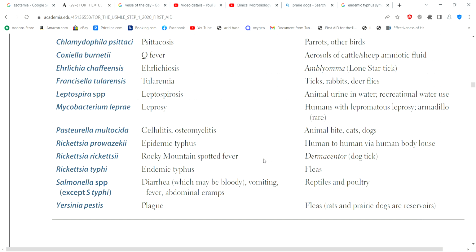It can cause extremely high fever, 105 to 106, and a body rash that starts in the chest and spreads out to the rest of the body, sparing your palms and soles. Epidemic typhus is spread human to human by human body lice.